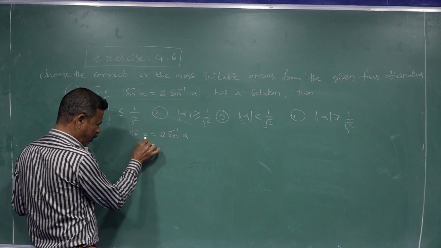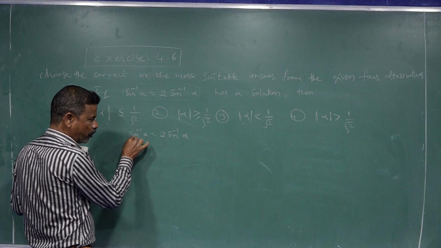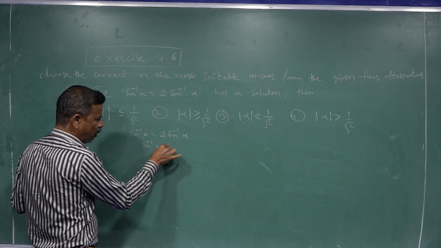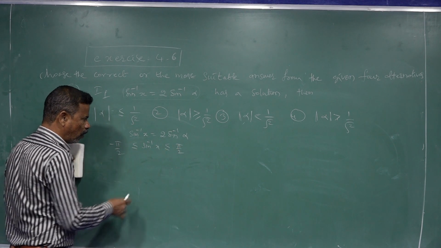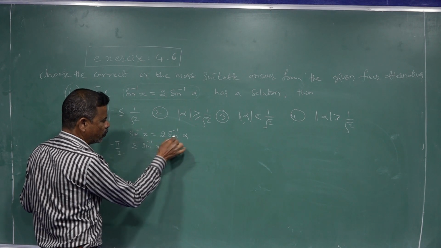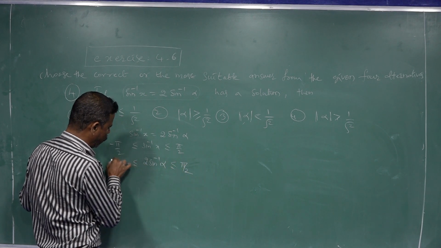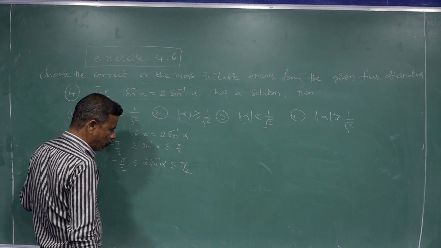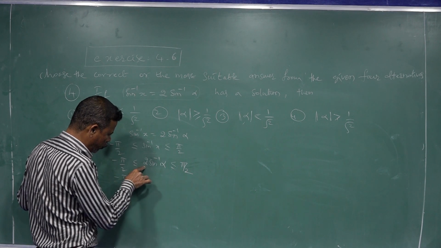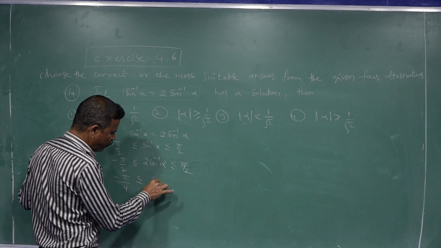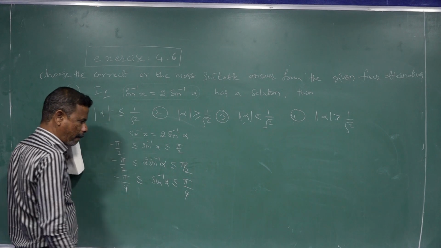Now, this sin inverse x always lies between minus π/2 to π/2. So sin inverse x is nothing but 2 sin inverse alpha, so minus π/2 is less than or equal to 2 sin inverse alpha, less than or equal to π/2. Now the 2 comes to this side: minus π/4, 2 into 2, 4 division, is less than or equal to sin inverse alpha, less than or equal to π/4.